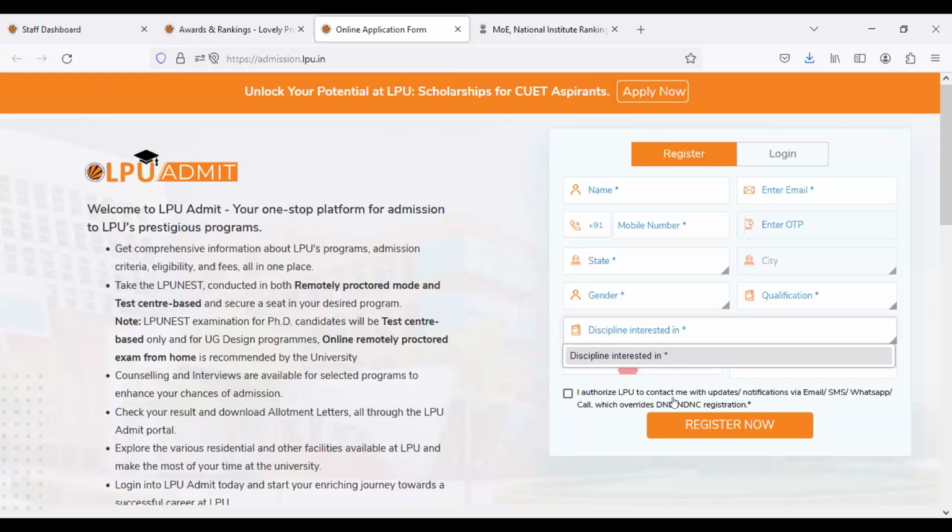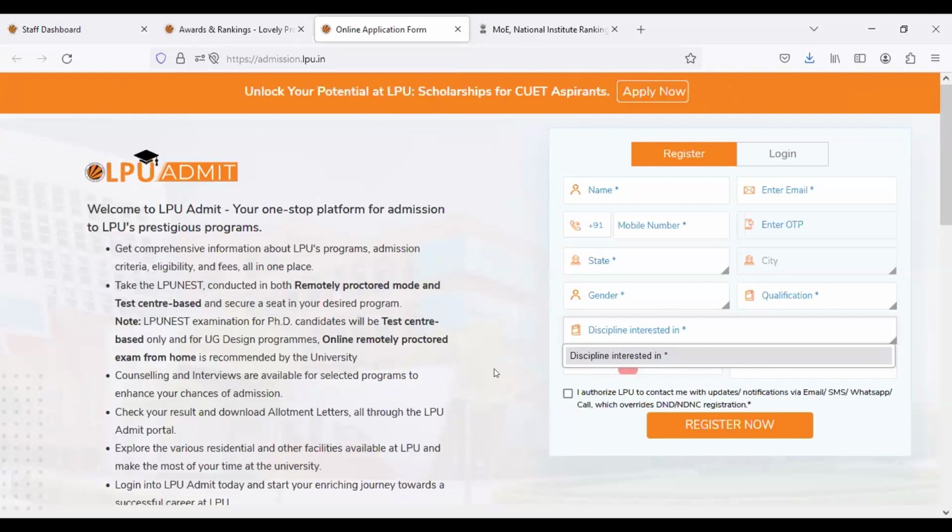If I talk about the diploma program, after you register over here, you can directly book your seat in the diploma civil engineering program. And if you want to go to the BTech program, then after registering, you have to apply for LPNest or CUET.